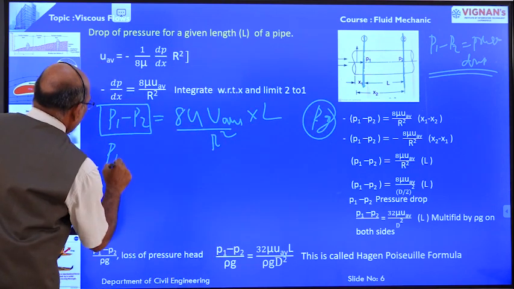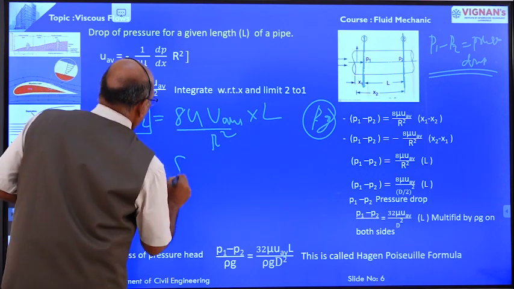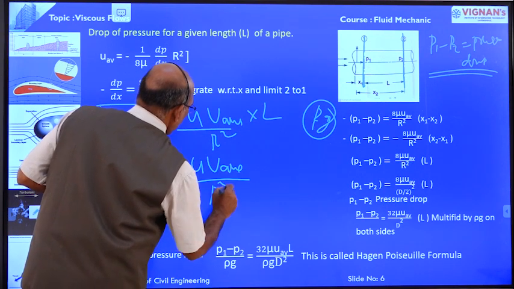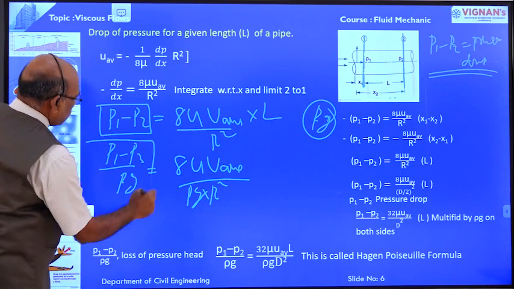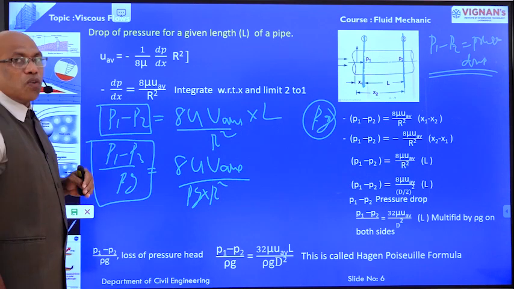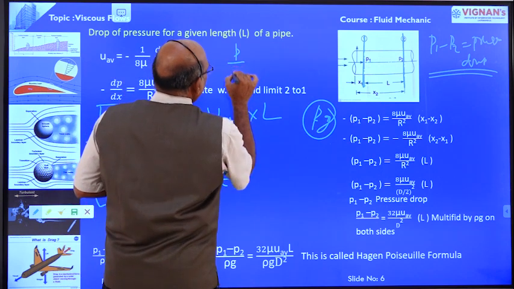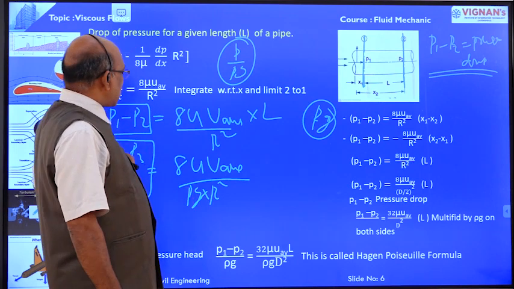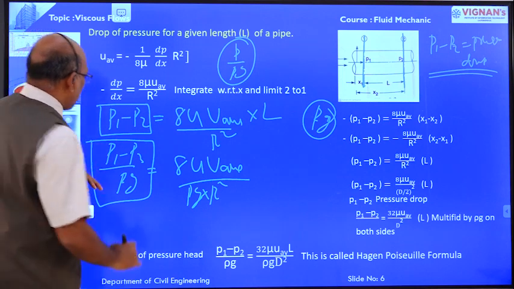Therefore P1 minus P2 divided by rho g is equal to 8 mu u average divided by r square into rho g into L. P1 minus P2 divided by rho g is known as the loss of head. Already I told you, P divided by rho g is nothing but the pressure head, so in this case P1 minus P2 divided by rho g is the loss of head.